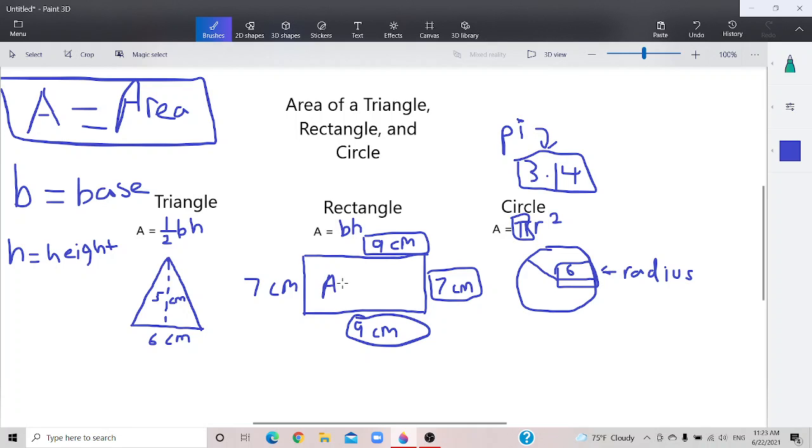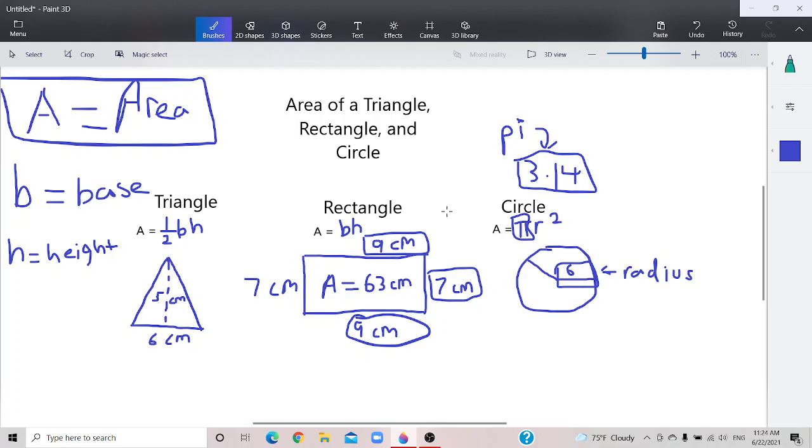So in the middle of the rectangle, I would just put area equals 63, and then we have to put the units. The units is centimeters here, because we can see that all of the numbers are labeled with centimeters. And because it's area, we put centimeters squared, because we're multiplying, so it's in 2 dimensions and not 3 dimensions.